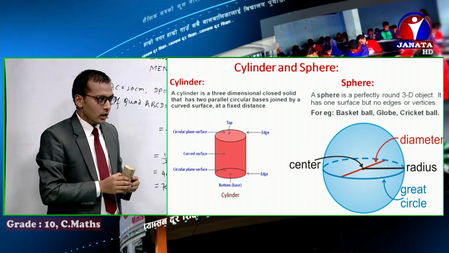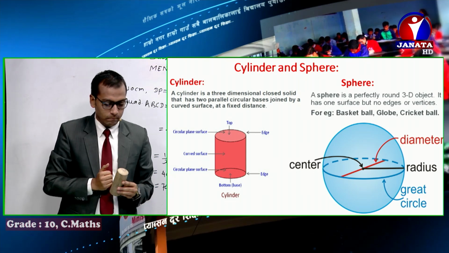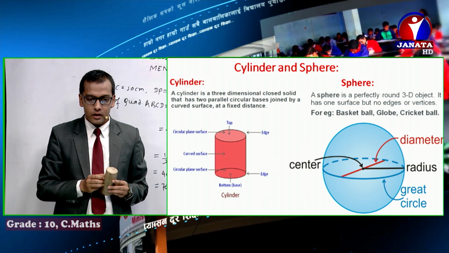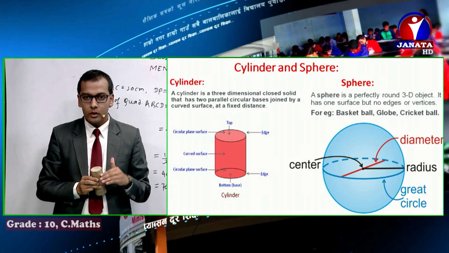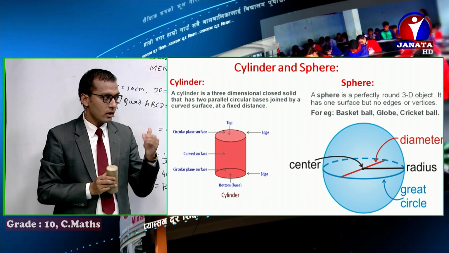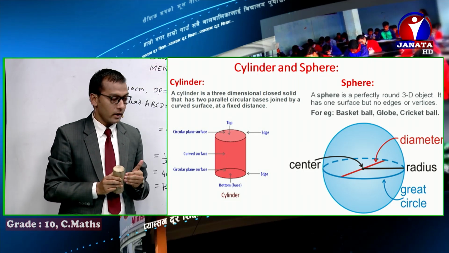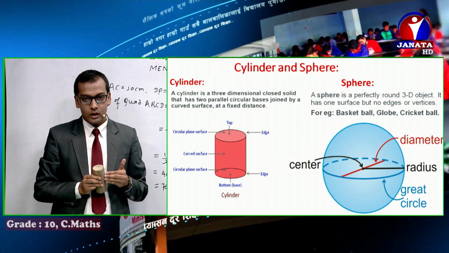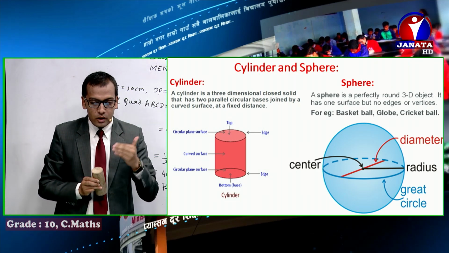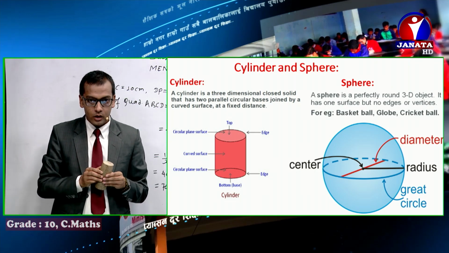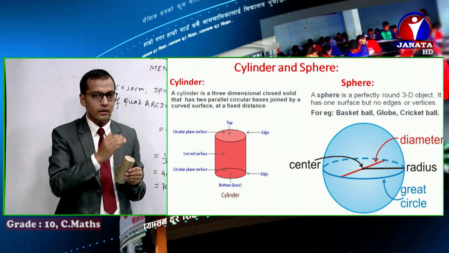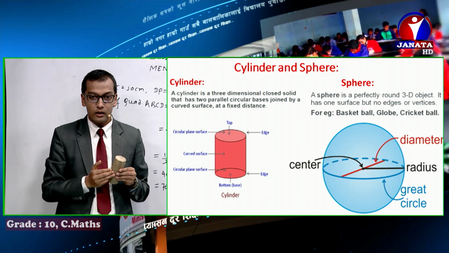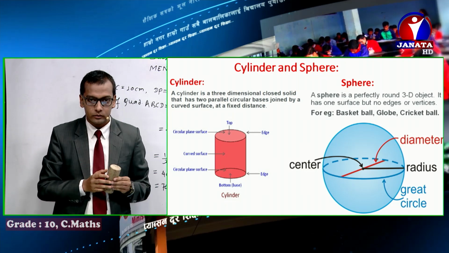Now, if we see on the slide, top is circular plane surface, bottom is circular plane surface, but the side is curved surface. Now we are going to learn the formula to find area of different surfaces and to find the volume of this solid.